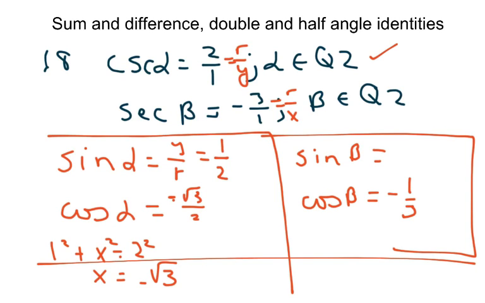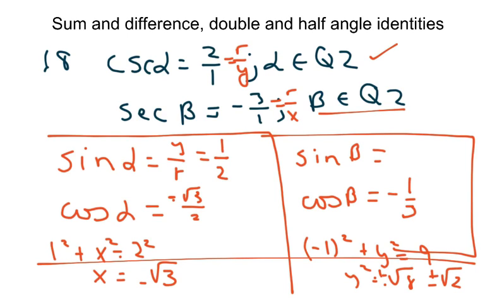Alright? And these are the ones on your unit circle, so these kind of make sense anyway. For this one, we're going to have negative 1 squared plus y squared equals 9, or 3 squared. So we get y equals plus or minus square root of 8, which is plus or minus 2 root 2. Since beta is also in quadrant 2, we're going to use the positive portion, because sine is positive.